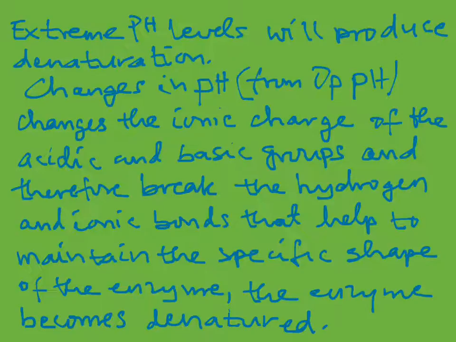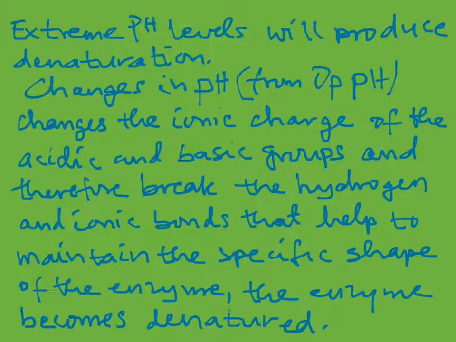Therefore, changes in pH from the optimum pH bring about changes in the ionic charge of the acidic and basic groups, and therefore break the hydrogen and ionic bonds that help to maintain the specific shape of the enzyme, and the enzyme becomes denatured.